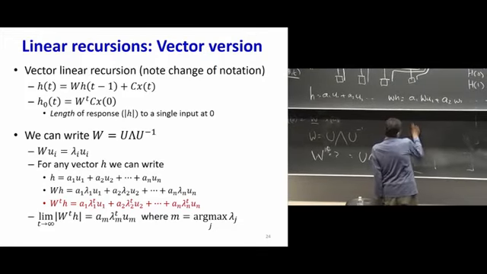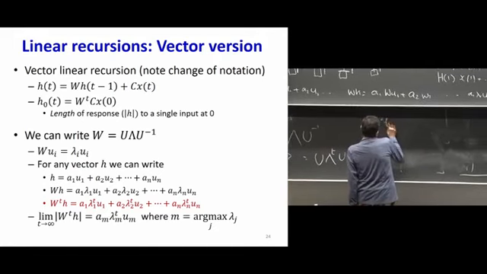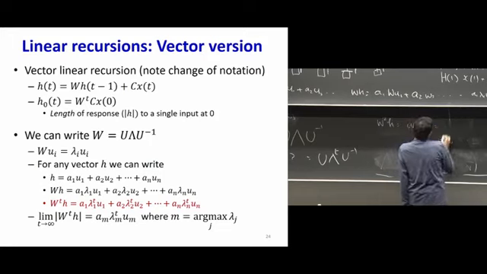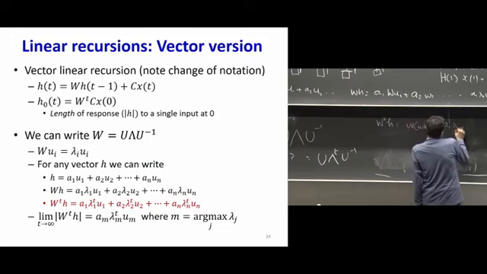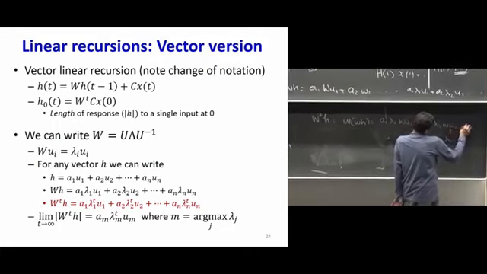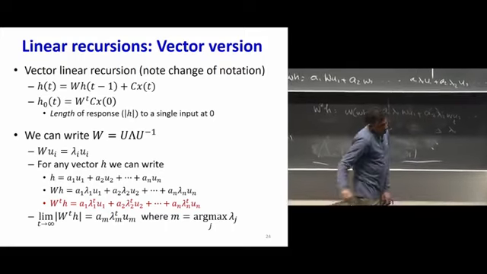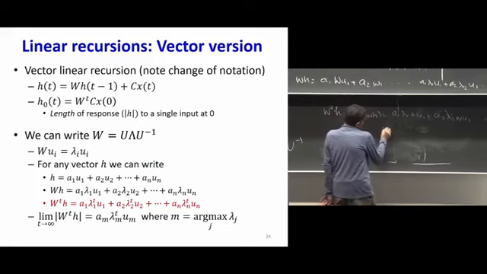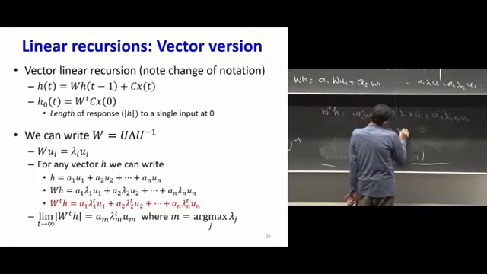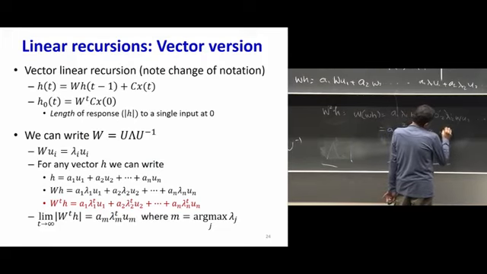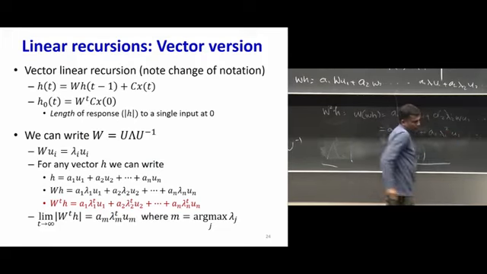W squared h is W times Wh, which is a1 lambda 1 Wu1 plus a2 lambda 2 Wu2 and so on, which simply becomes a1 lambda 1 squared u1 plus a2 lambda 2 squared u2 and so on.